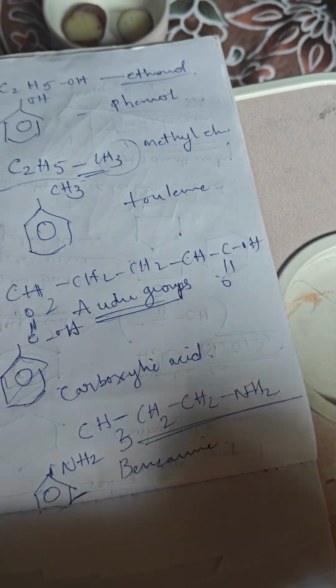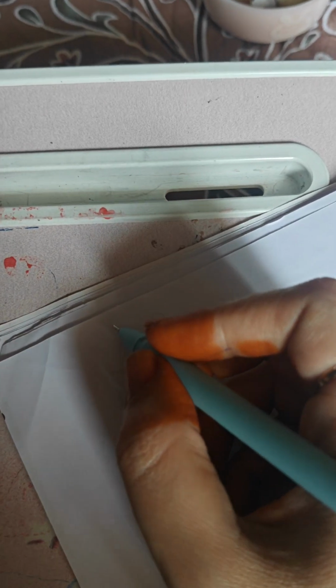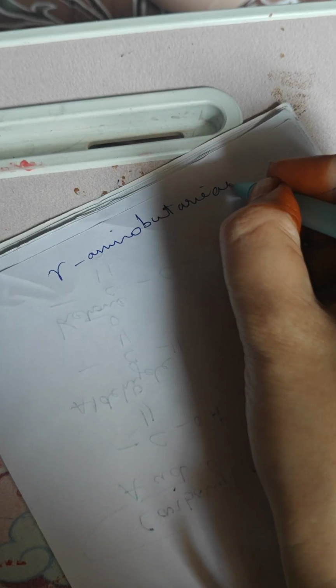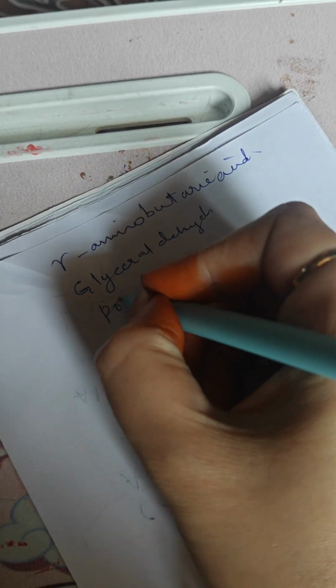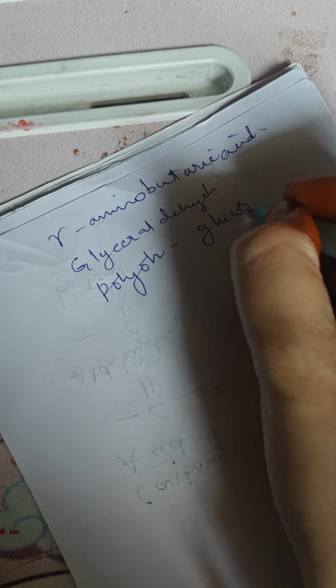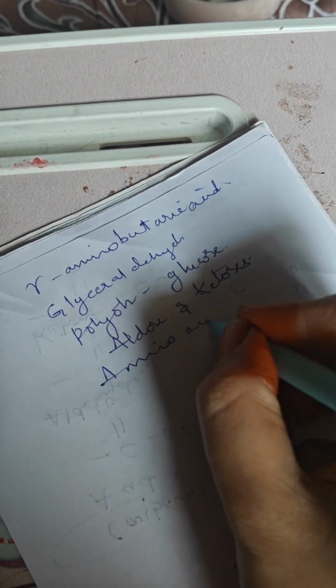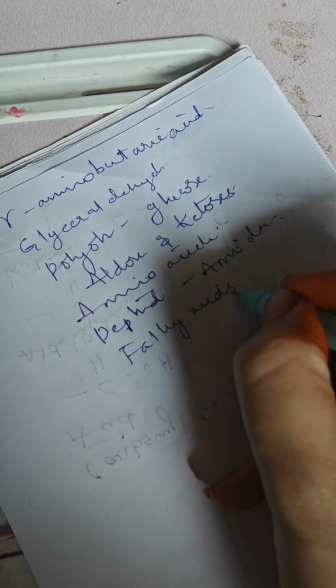And some more examples are catecholamines, which include dopamine, tryptophan, serotonin, and gamma aminobutyric acid, glyceraldehyde, polyols like glucose, aldoses and ketoses, amino acids, peptides or amides, and fatty acids, saturated and unsaturated.